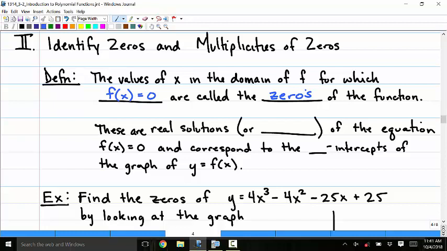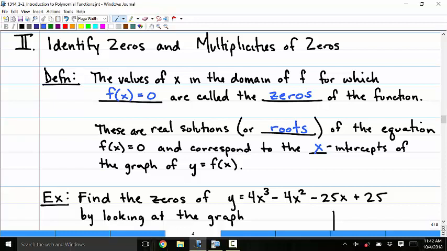These are real solutions, or what we call roots, of the equation f of x equals 0, and they correspond to the x-intercepts of the graph. So, we have a lot of different ways to talk about the same number.